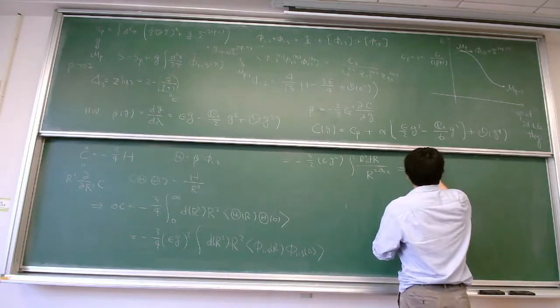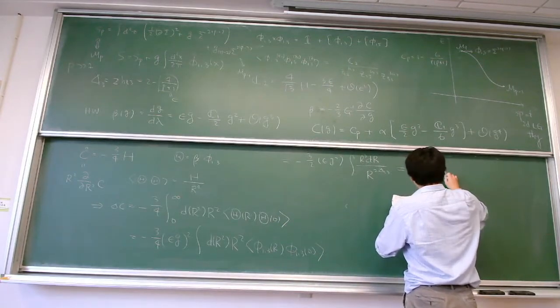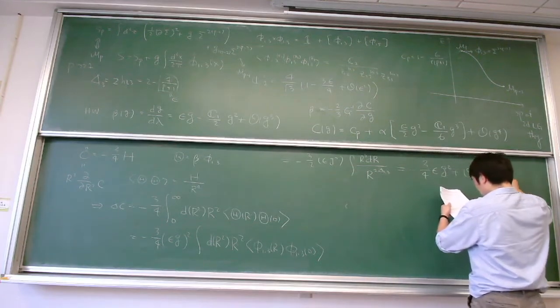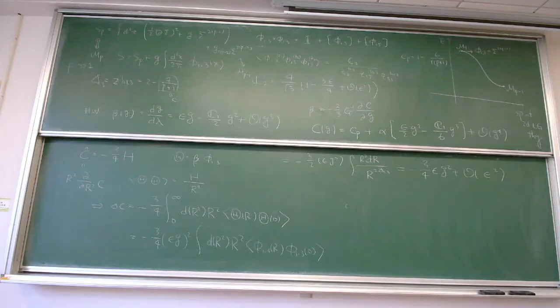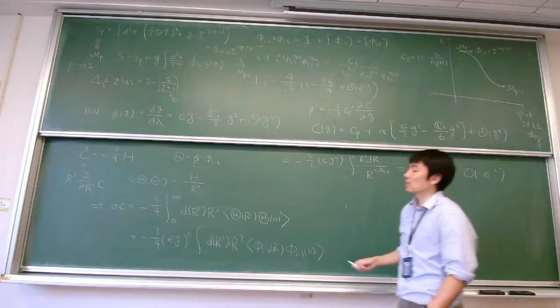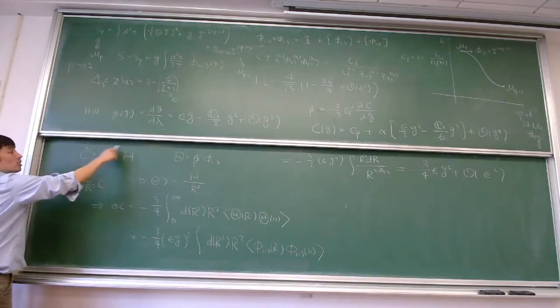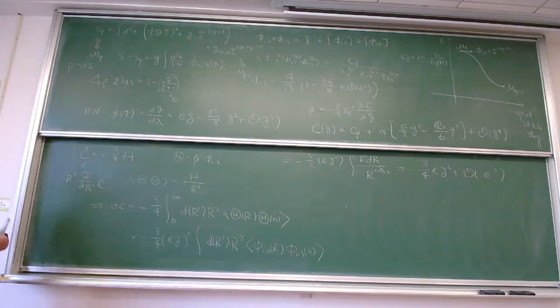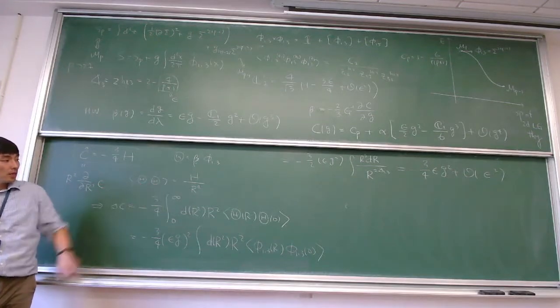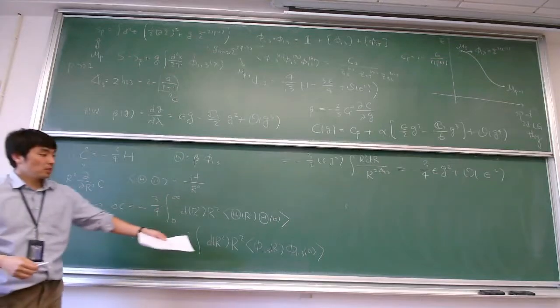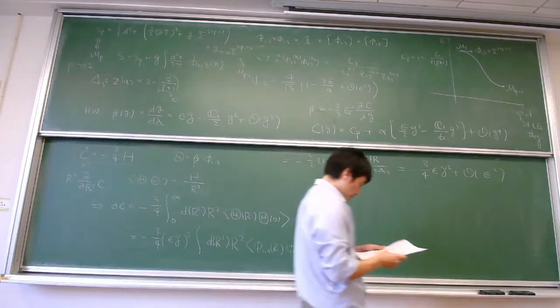And we will get 3 over 4 epsilon G squared plus order epsilon cubed. Okay, that's how you obtain delta C. So from this equation, and we know the definition of this theta function, we can just obtain the delta C by using the 2-point function of the primary field.